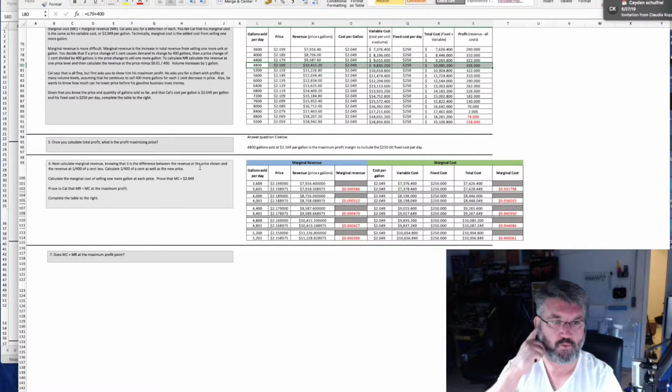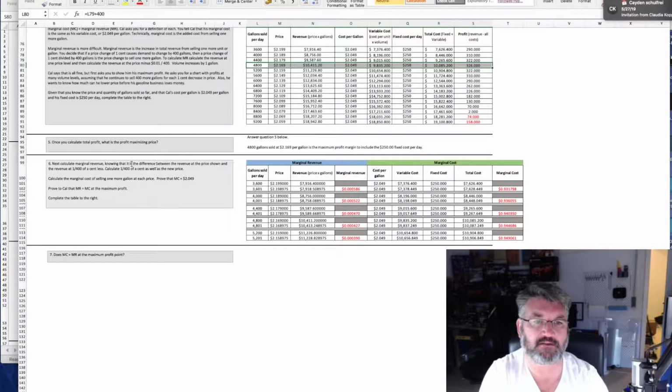Next calculation, marginal revenue, knowing that it is the difference between the revenue at the price shown and the revenue at 1/400 of a cent less. Calculate 1/400 of a cent as well as the new price. So gallons sold per day, 400 to 1. So it was 3,600, 3,601, 4,000, 4,001, 4,400, 4,401, 4,800, 4,801, 5,200, 5,201.